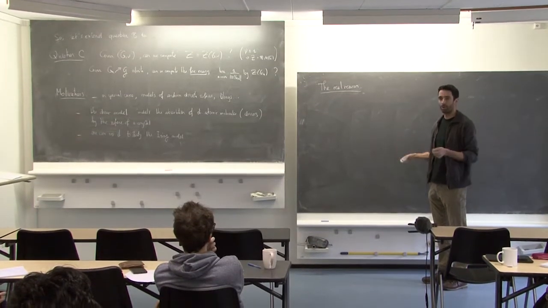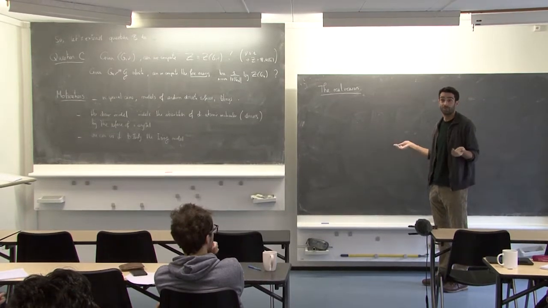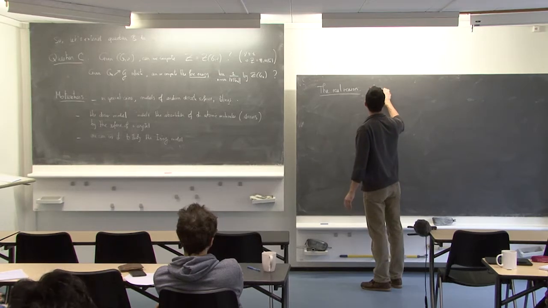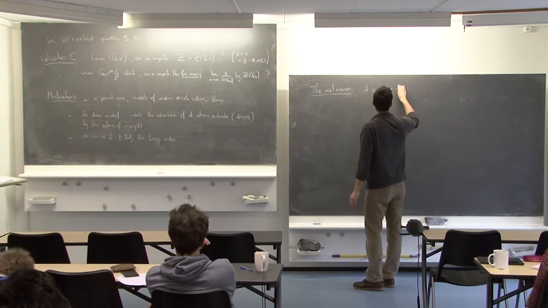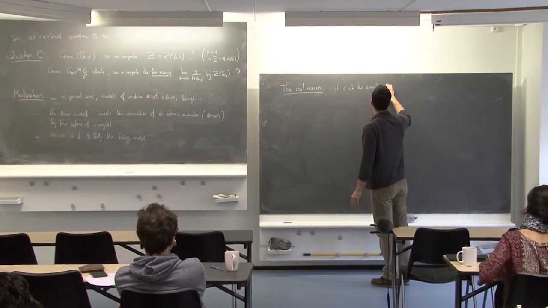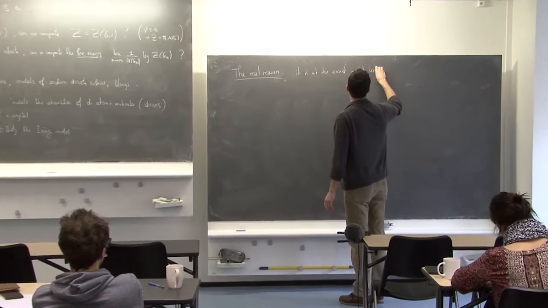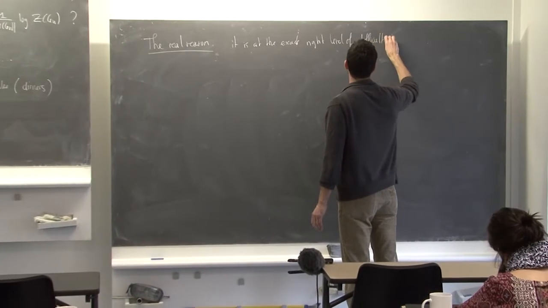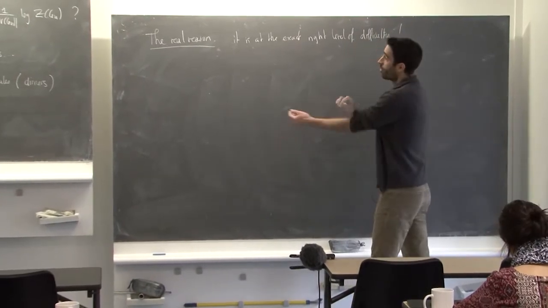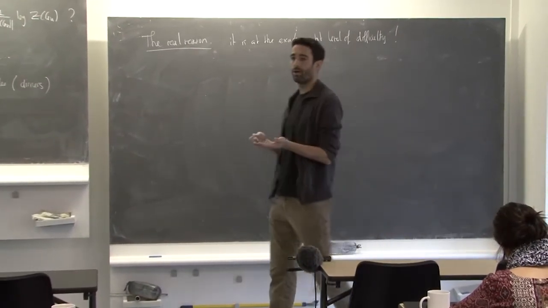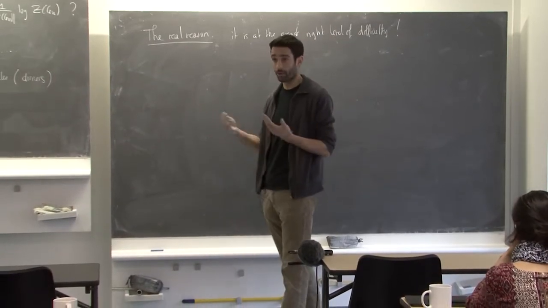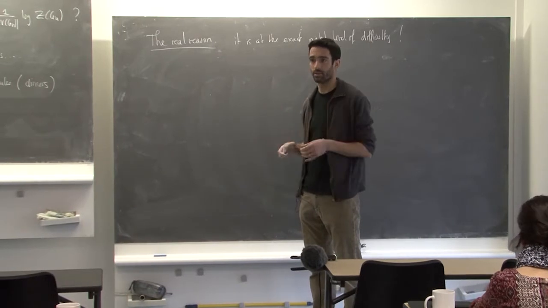You change a little bit the model, you cannot say anything. That's a good enough reason to study it, right? For example, you have another model called the Dimer-Monomer model, where you're allowed to have vertices not matched, which corresponds to matchings that are not perfect.